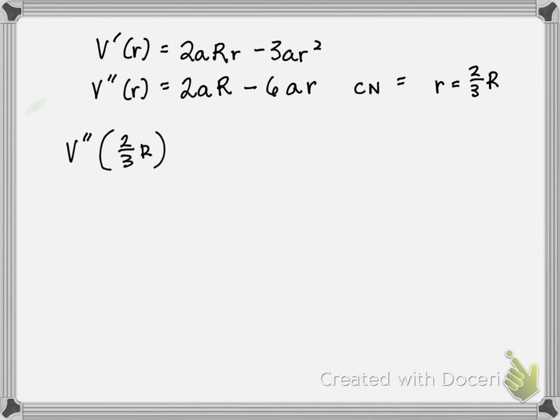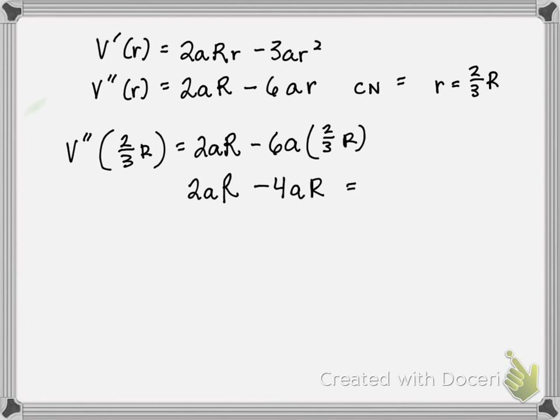It's 2A times R minus 6A times little r, where I plug in 2/3 big R. So basically I get 2A times big R, and then 2/3 times 6. 6 and 3 cancel each other, and I'm left with 2. So negative 2 times 2 is going to be a negative 4AR. So this basically results in negative 2AR.